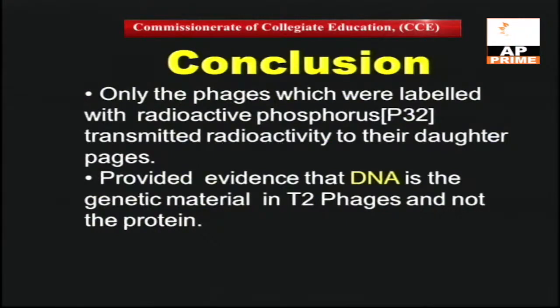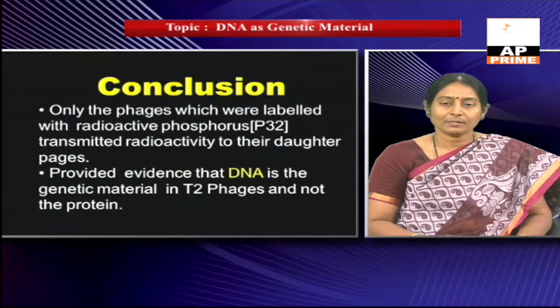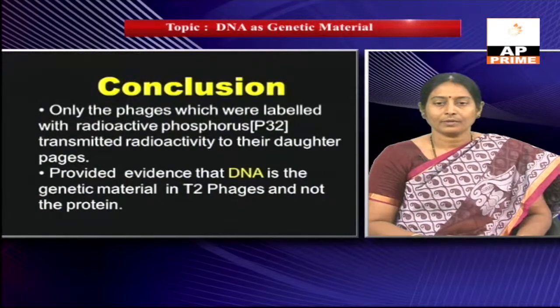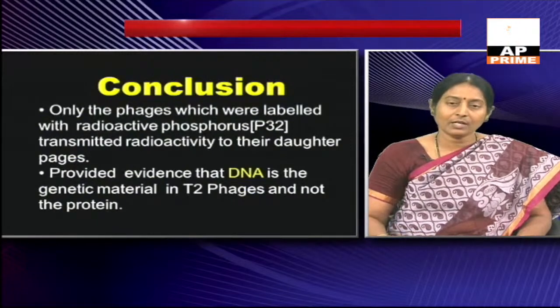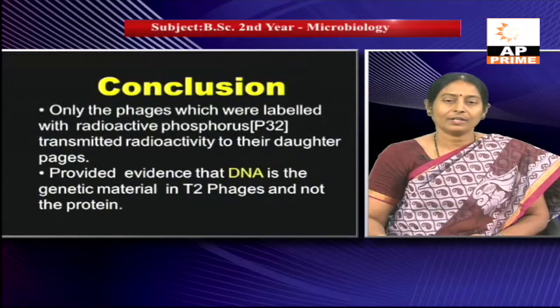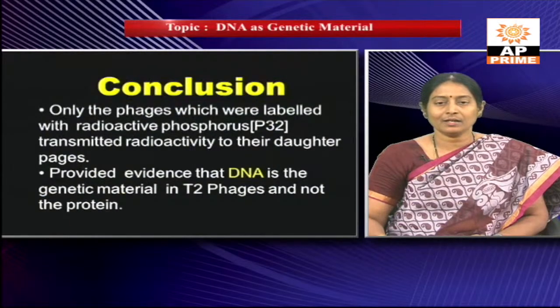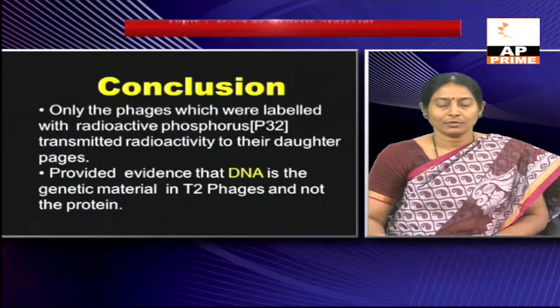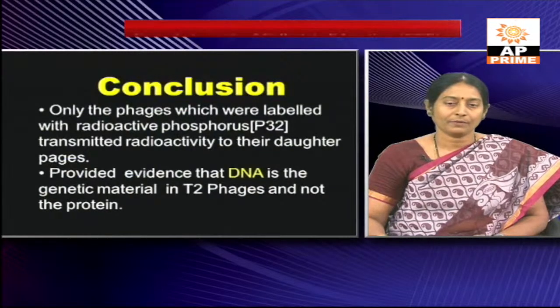How could the scientists explain this? It can be explained like this. During infection of E. coli bacterial cells, all the protein coats were left outside the host bacterial cells. They didn't enter the bacterial cells. So that means they were not responsible for the formation of new viruses.